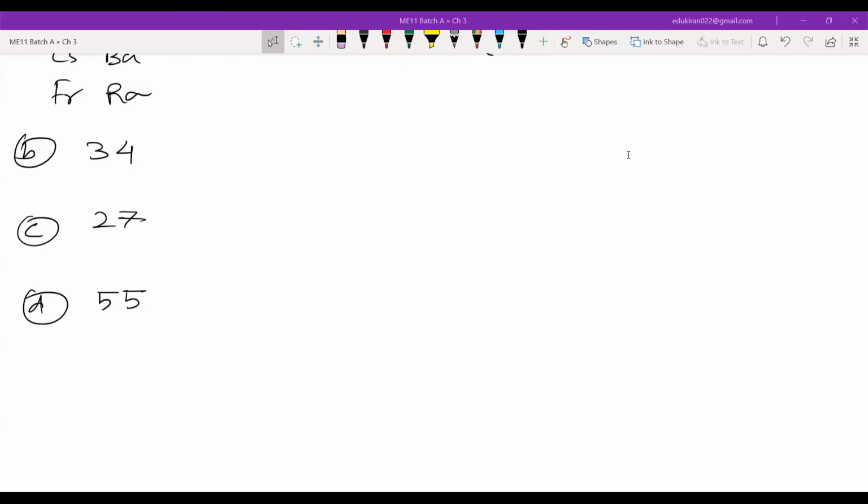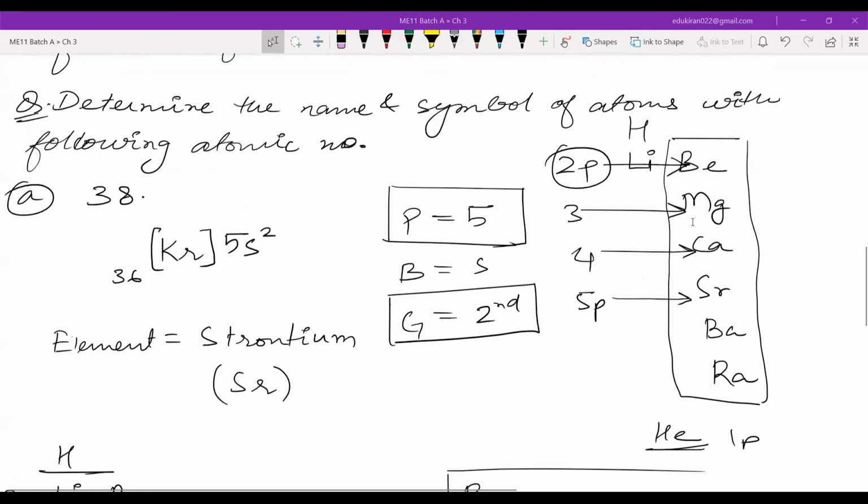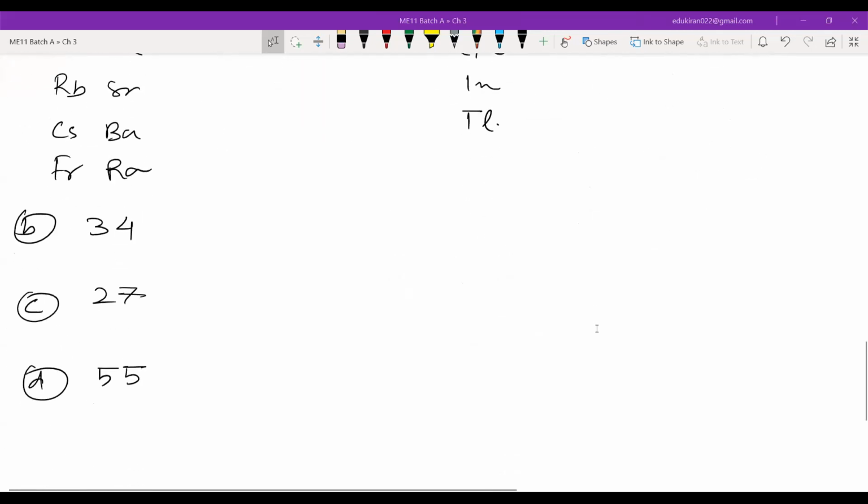If you have found the group, can you write the mnemonic of that group? Yes, sir, like I have written here, because it was the second period. Now you will assign the first element that you have to the second period, then third, then fourth, then fifth, then sixth, and so on.